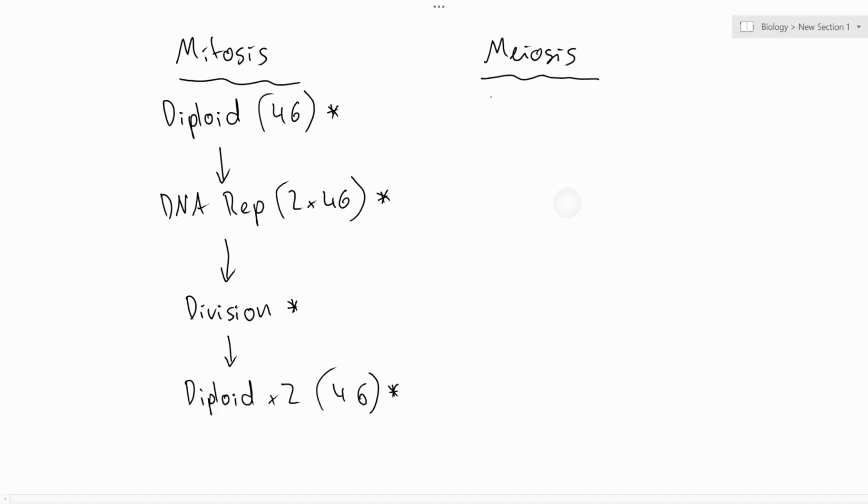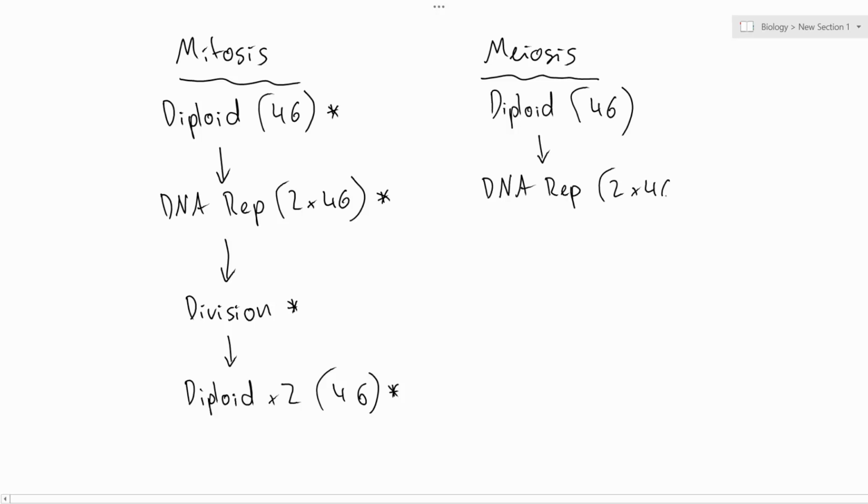In meiosis, what we see is we start off with a diploid cell. So diploid, once again, 46. We see DNA replication take place. So we have our two sets of 46 chromosomes. Then what happens is we see a division.